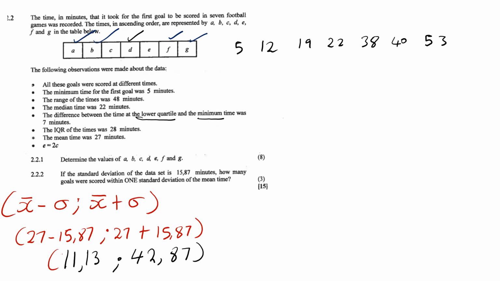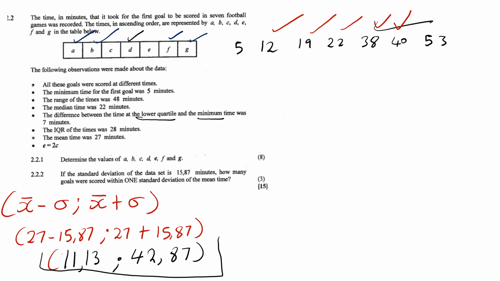So you have to check the numbers from these goals that lie within this interval. The ones that lie between 11.13 and 42.87: this one, also this one, and this one, and this one, and this one. But 53 is out, and 5 is out also.